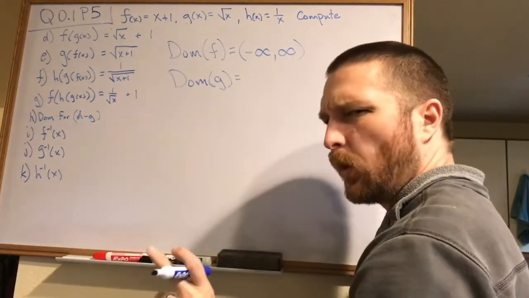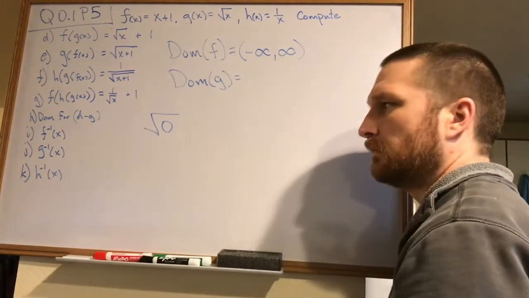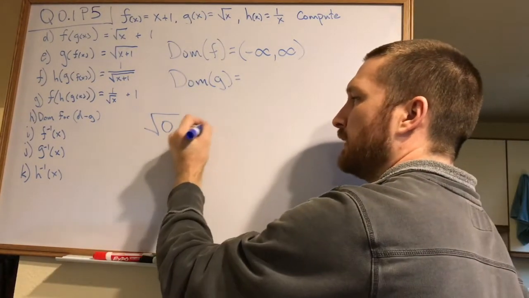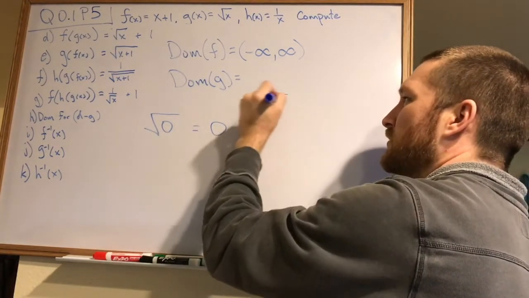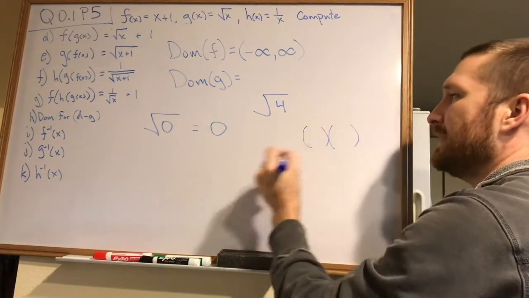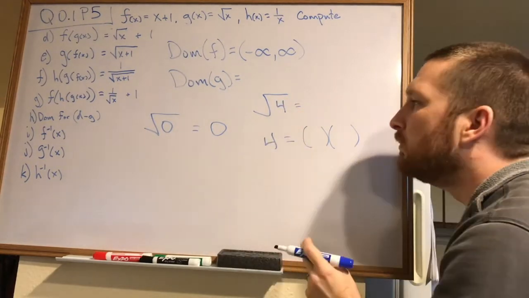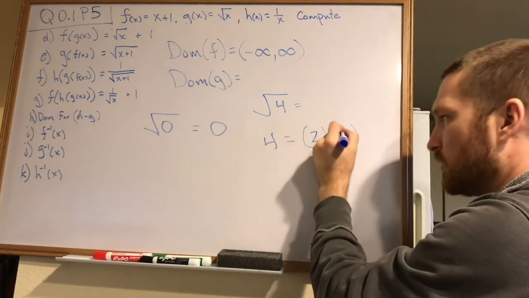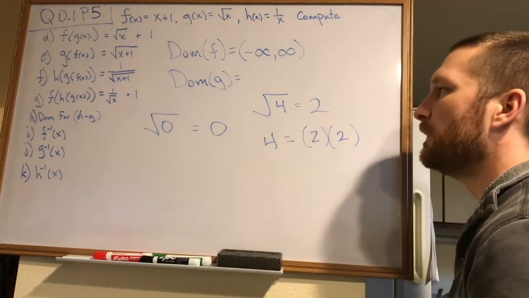Okay, now, just real quick, let's check that I can put 0 into there. What's the square root of 0? Well, I think it's 0, right? Because when you take the square root of something, it asks, what number times itself is equal to that thing? So you say, well, 2 times 2 equals 4, and so the square root should be 2, right?